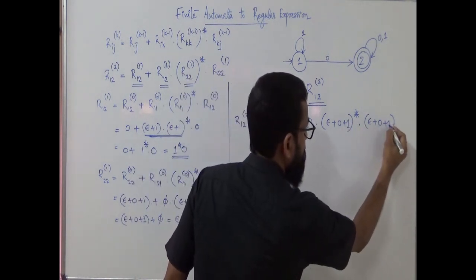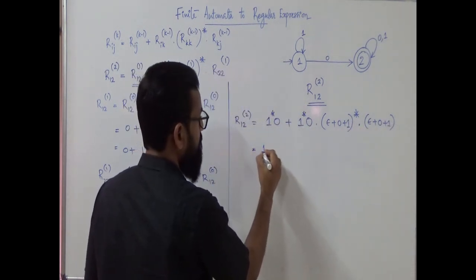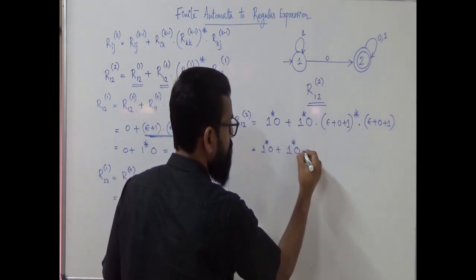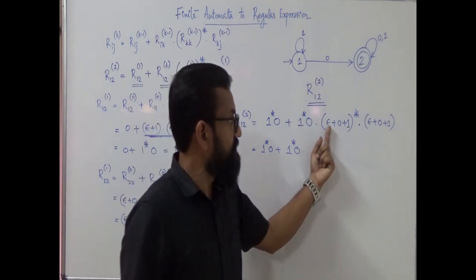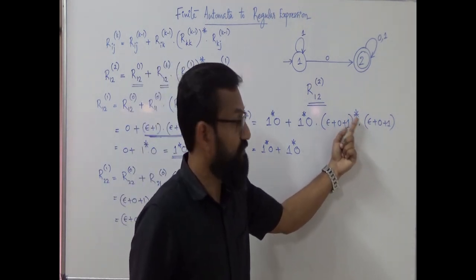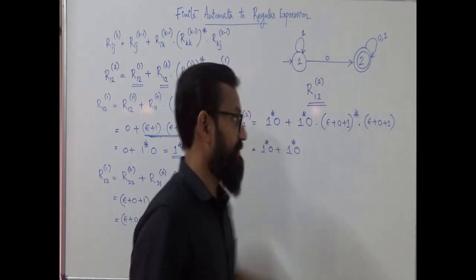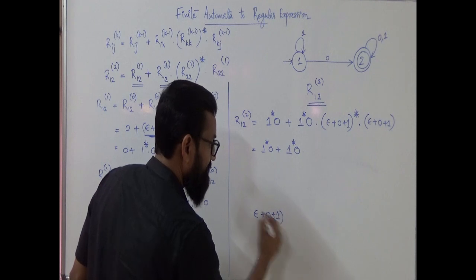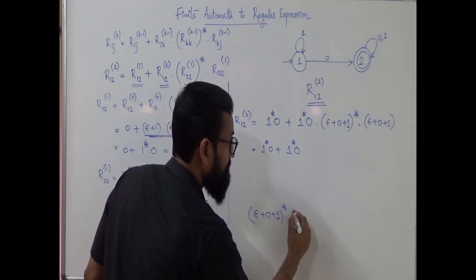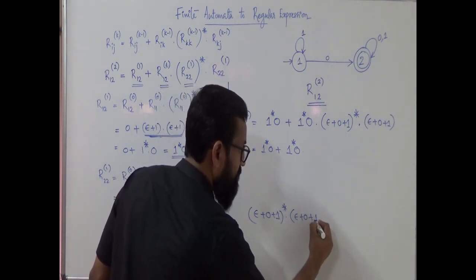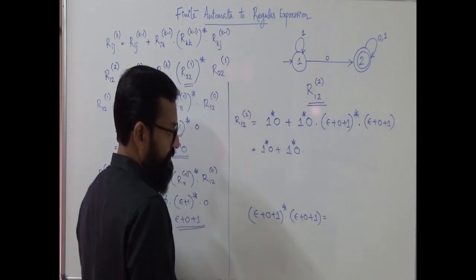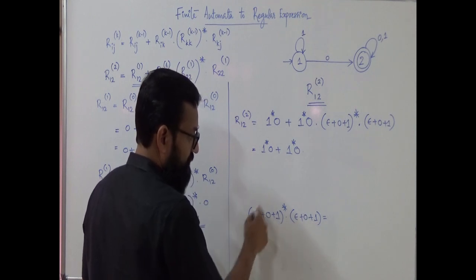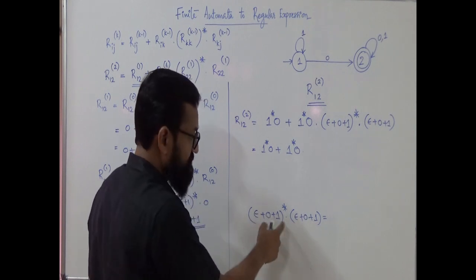Now we can reduce this expression. This is equal to 1 Kleene closure 0 or 1 Kleene closure 0 concatenated with epsilon or 0 or 1 Kleene closure concatenated with epsilon or 0 or 1. See, if I take epsilon or 0 or 1 Kleene closure, what about the strings that can be generated using this expression?